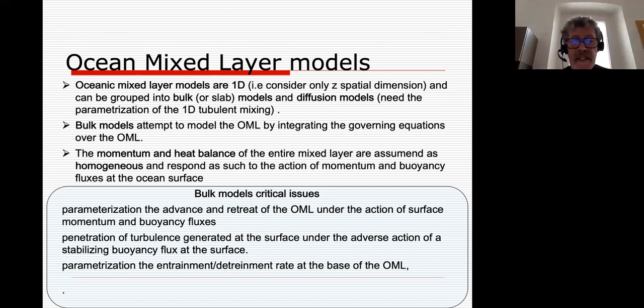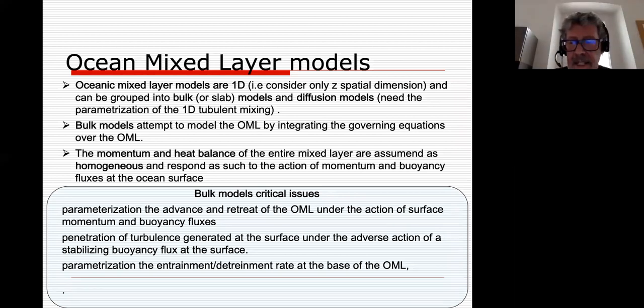And which are the dominant processes here? The diffusion, turbulent diffusion of energy from the upper part and lower part, possibly also advection, but turbulent diffusion is the crucial one. And since the overall upper layer is homogenized, we can even think about the possibility to integrate all the layer in, let's say, a single slab.